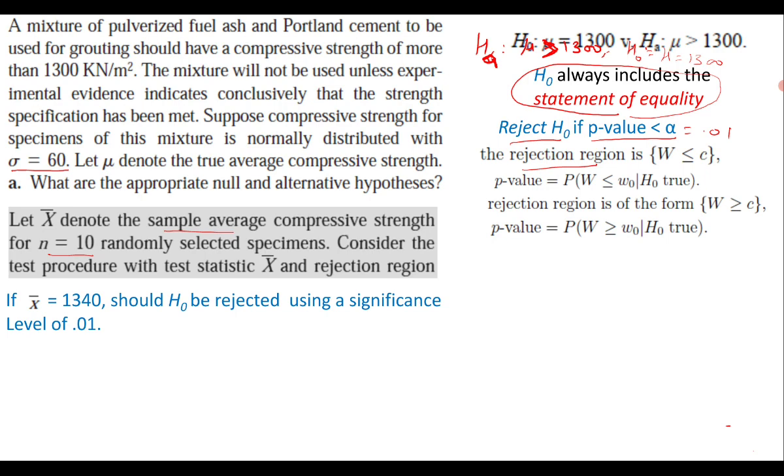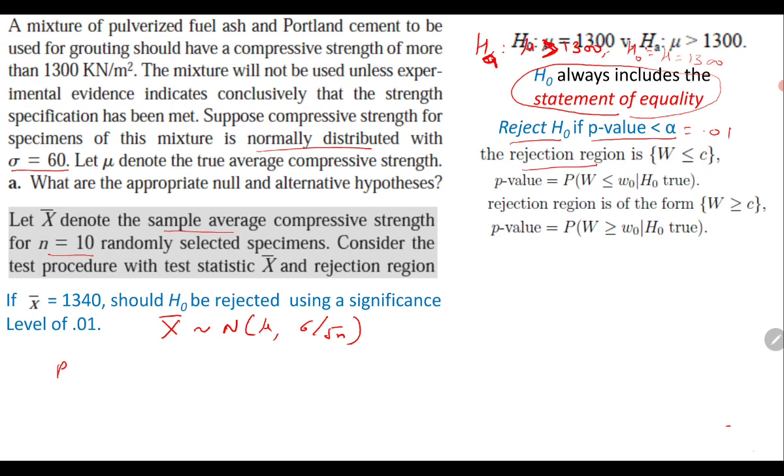For this probability I also need the distribution that capital X follows. It is already given that this strength is normally distributed, so X bar follows the normal distribution with mu and sigma by root n. Recall these concepts we have already discussed.